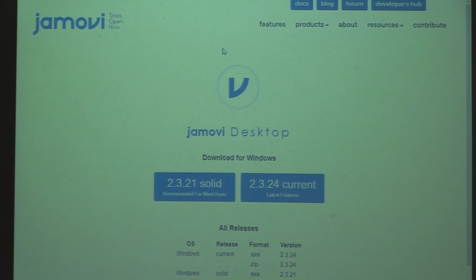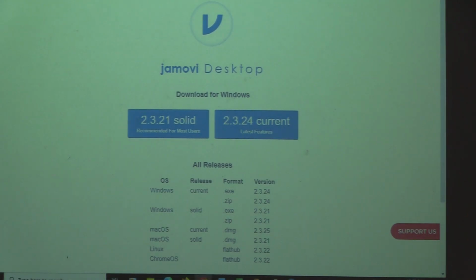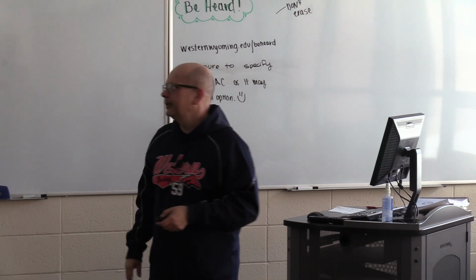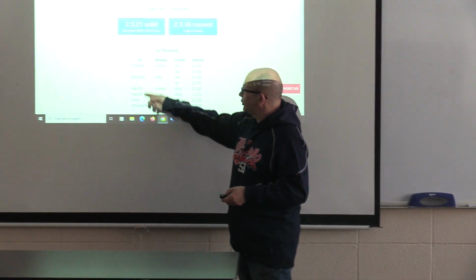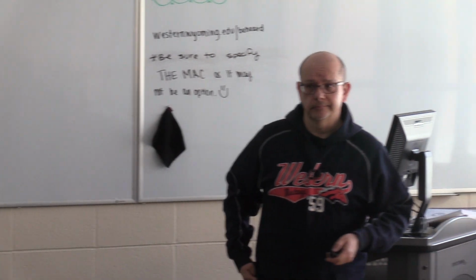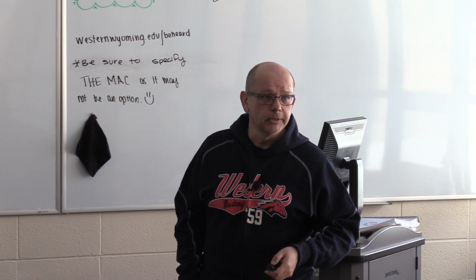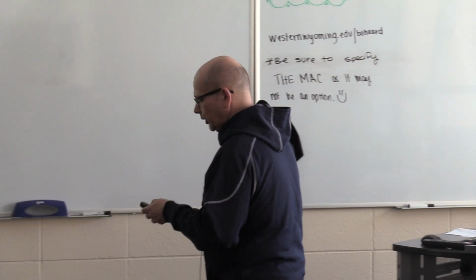I will always recommend to install the latest version, or the current, as they call it, because the older version may still have some bugs that were unresolved. You never know. And then of course pay attention to your operating system as well. So you're gonna select the one that you need. If you have a Mac, then choose a Mac. Right, the Chrome.